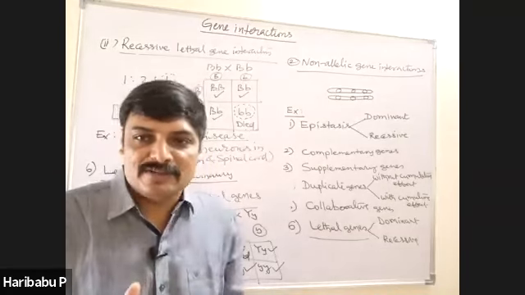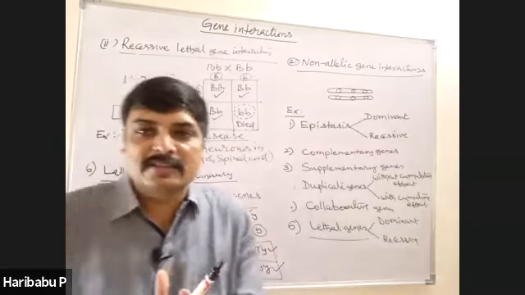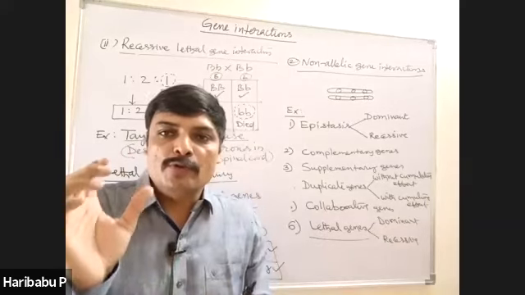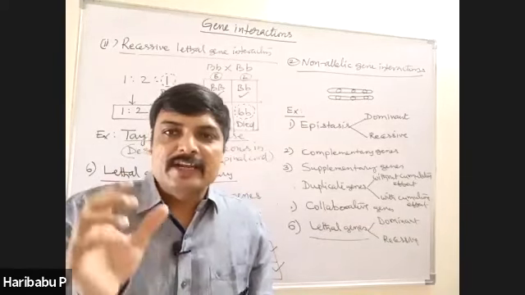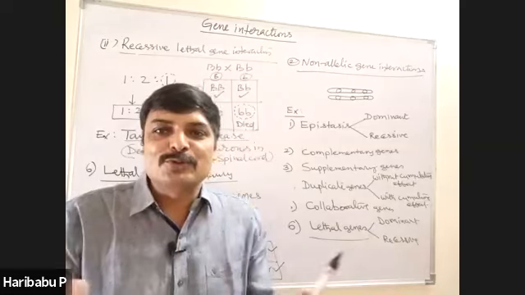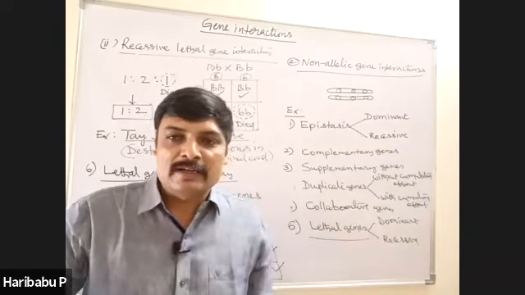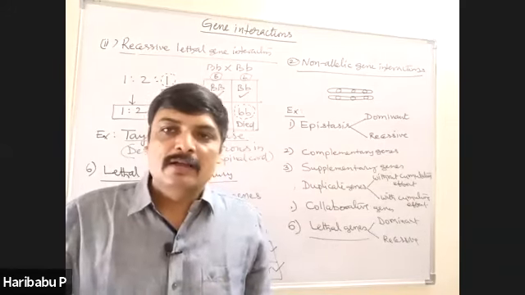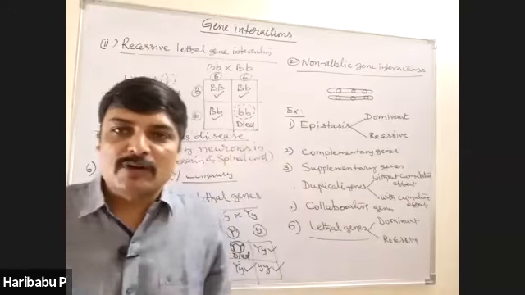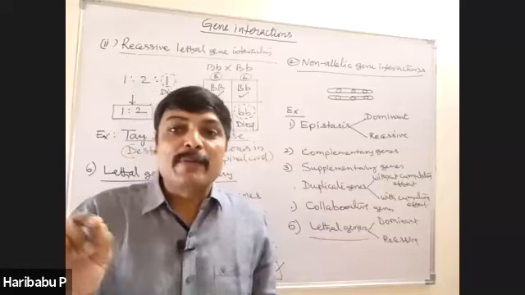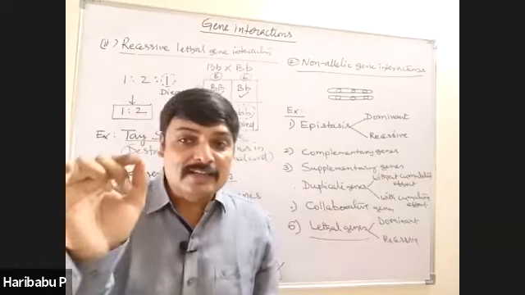Suppose in examinations a question is asked like this: comb types in poultry is due to which of four given interactions. One of them has the correct answer.